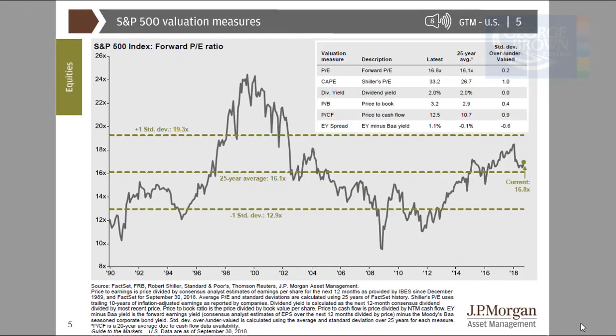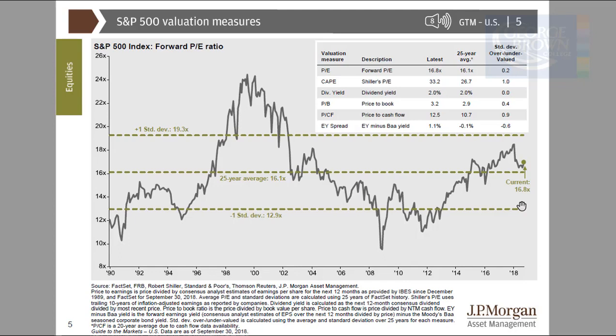So just very quickly, looking at the JP Morgan Guide to the Markets as at September 30th, 2018, you can see a chart of the S&P 500 index looking at the forward PE ratio. Anyhow, it's a PE ratio, okay? And you can see that the 25-year average is 16.1 times.